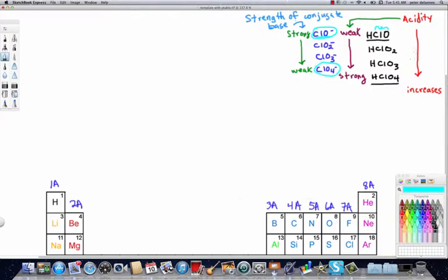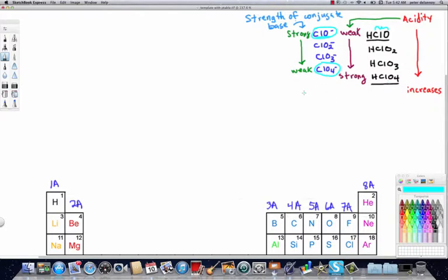So when you look at the trend in acidity for this family, going from weak acid to strong acid, you also see the correlation in the strength of the conjugate base. So weak acids have strong conjugate bases, and strong acids have weak conjugate bases.